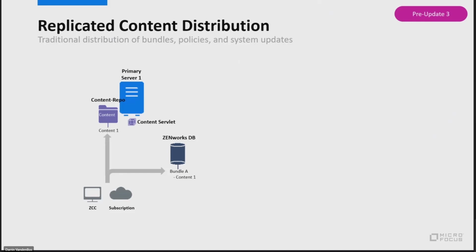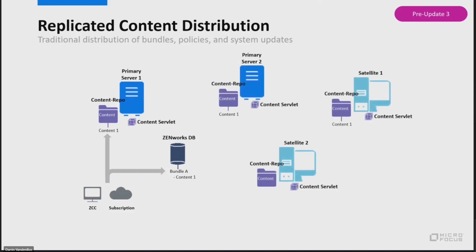If that bundle had content, you would upload it to the server's content repository, where it would be housed. And then if you have other primary servers and satellites, that content would then be replicated out to those other primary servers and satellites, depending on the schedule that you set up and which ones you wanted them to be replicated to.